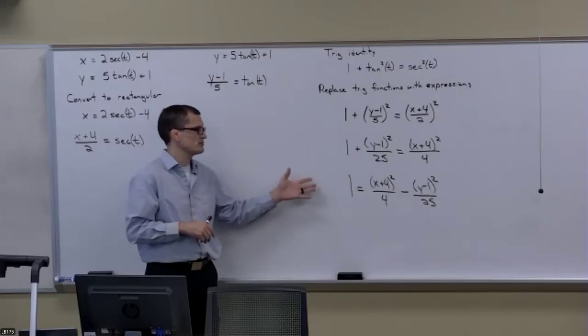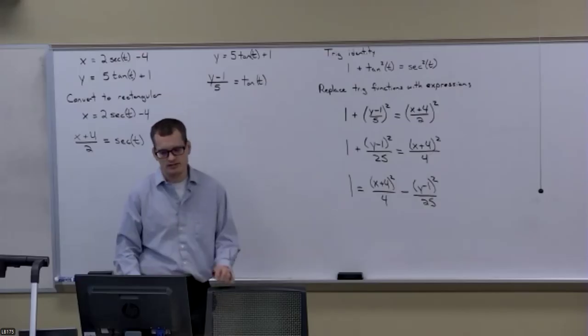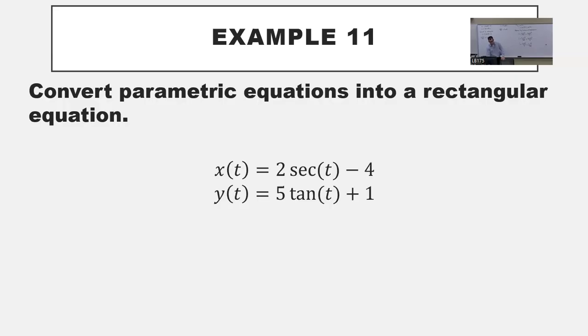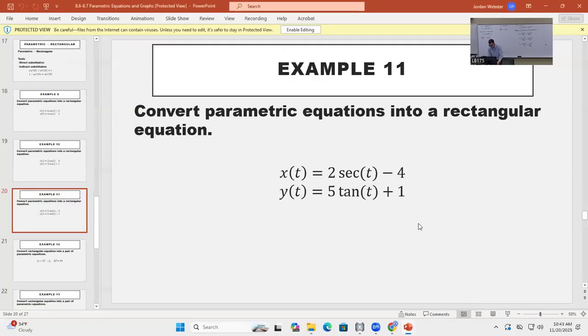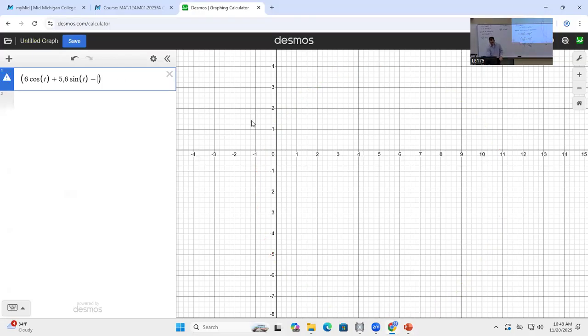That shape is actually called a hyperbola. There's a conic section called a hyperbola, and that's the shape of a hyperbola. And we can actually graph that, might as well graph it once.